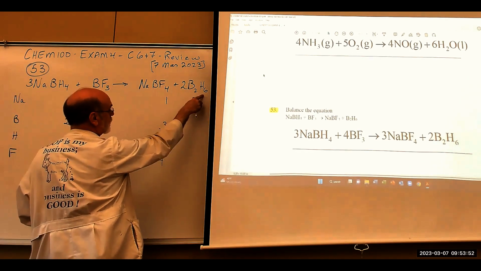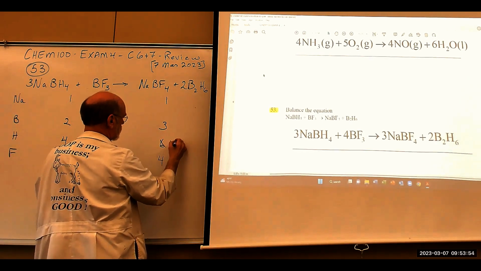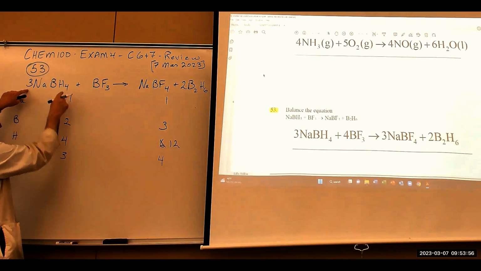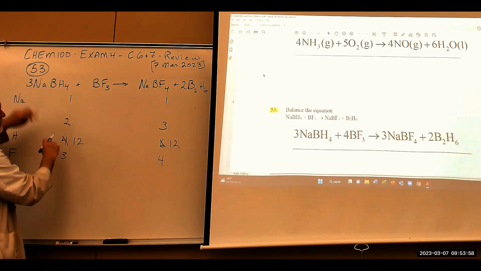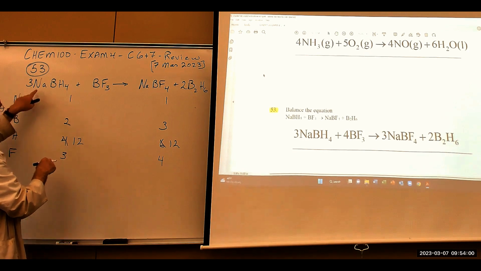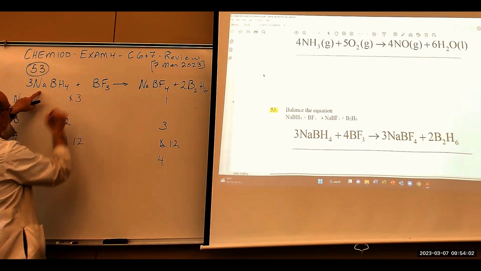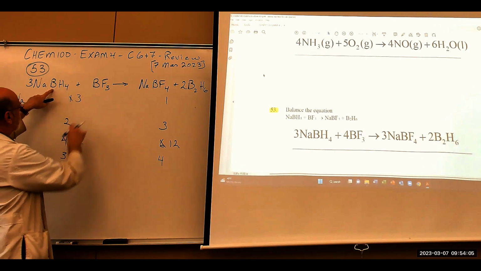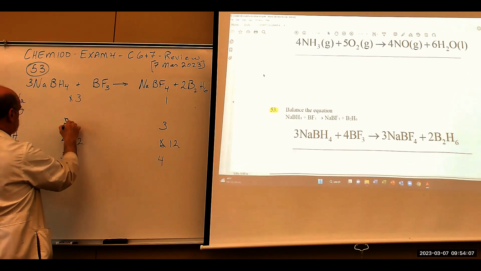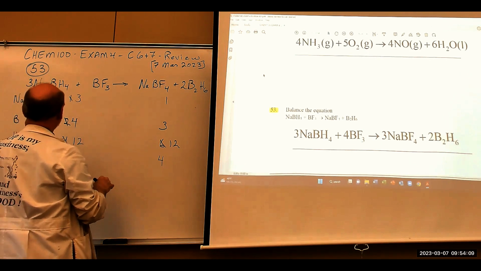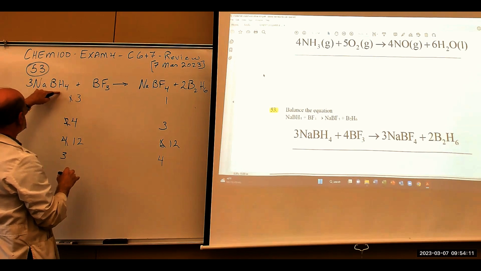And so that would be 12 hydrogens here. And this would be 12 hydrogens. Now let's fix the rest of it. This is 3 sodiums here, right? This is 3 borons plus 1 is 4 borons. And hydrogens.